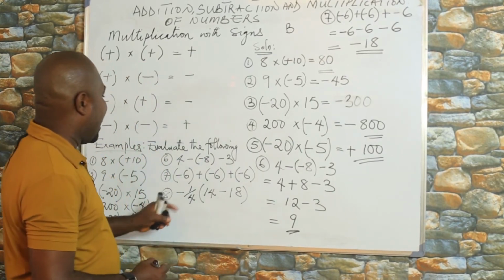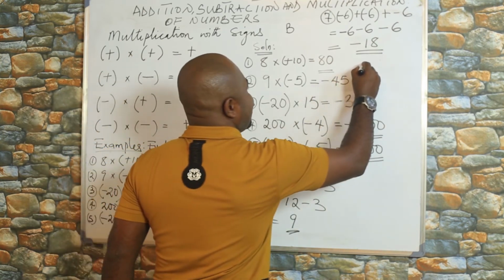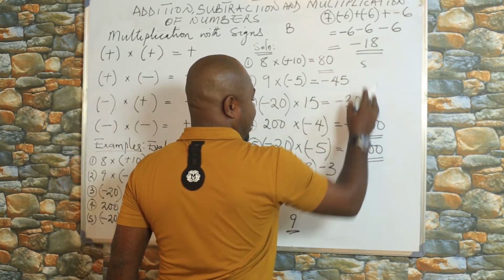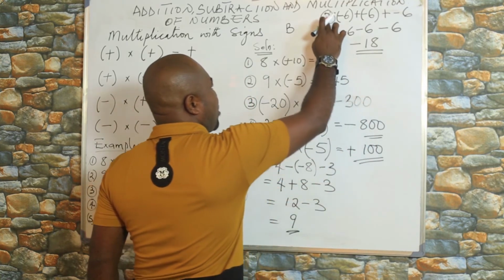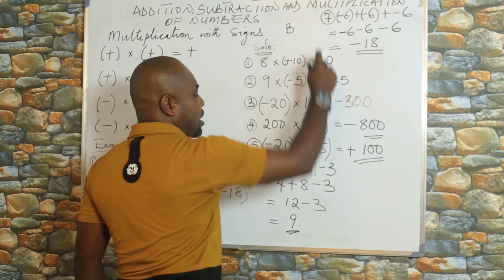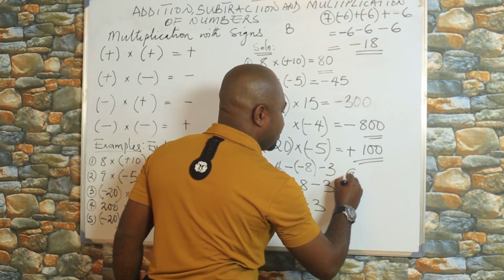Now let us look at the last one, number 8. For want of space, can we do it down here? Just know that this is number 7 as you are following me on the board. Now let us do number 8 here.